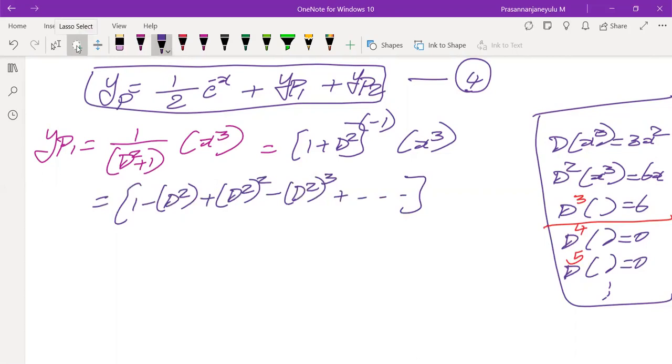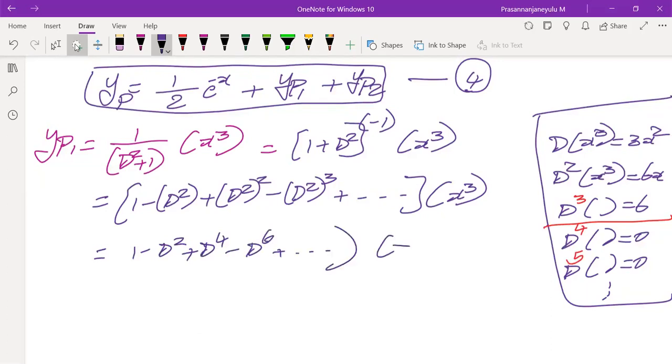One important point is, in the last class, in the last problems of type 3 we discussed, next terms become 0. It does not mean that all the terms up to here are non-zeros. There may be a chance that zeros can happen. So if we do that, 1 minus D square plus D power 4 minus D power 6 plus and so on of x cube.